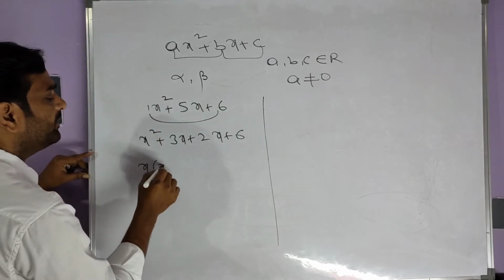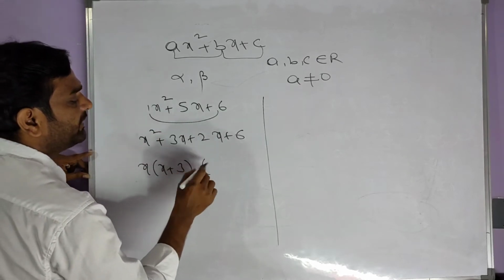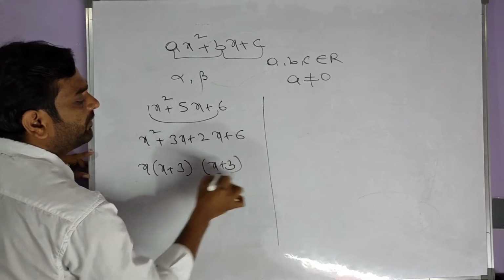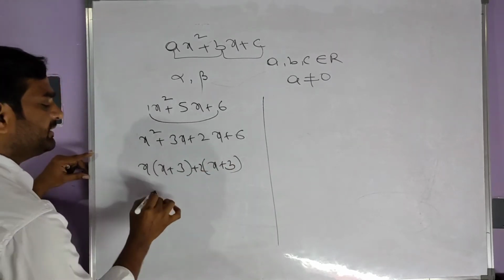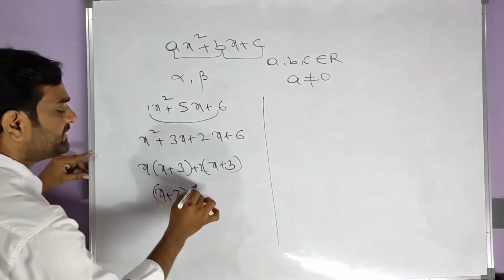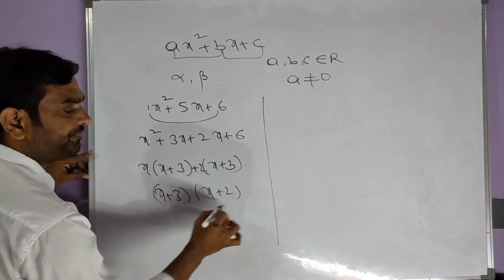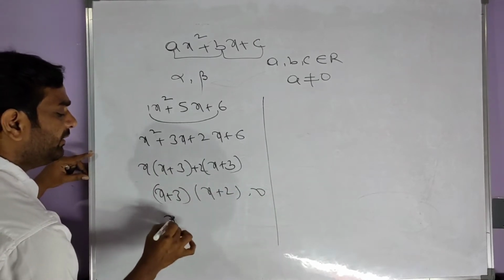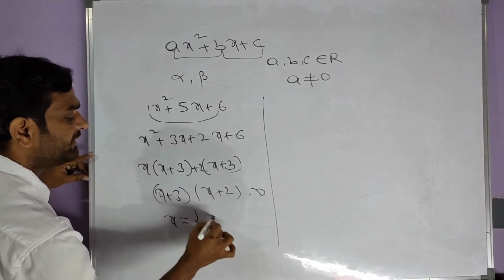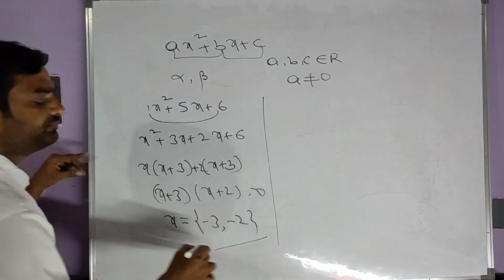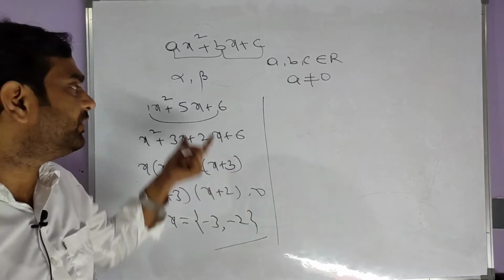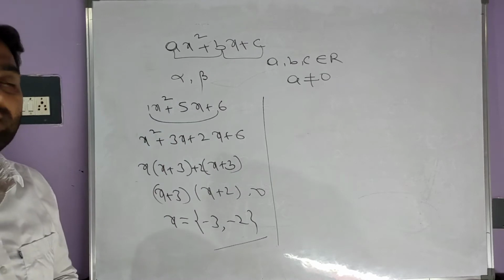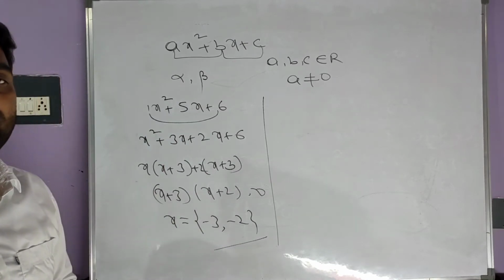Take x common, x plus 3. Take 2 common, you will get x plus 3. The factors are x plus 3 and x plus 2. Then the zeros are, plus 3 going to the other side, minus 3 and minus 2. We got two different zeros for this quadratic polynomial.